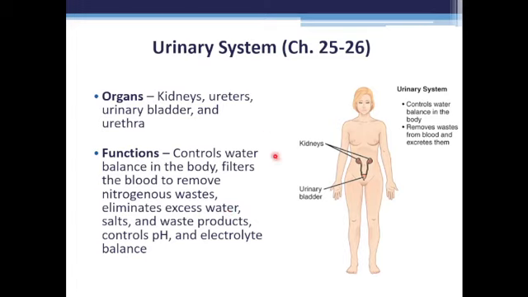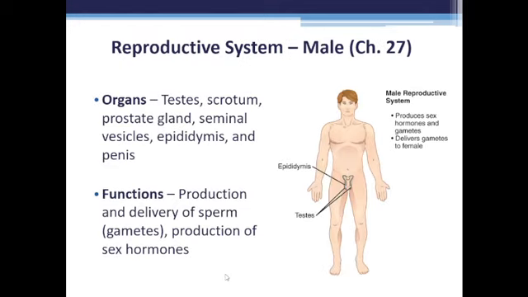Okay, so next is the reproductive system for male, chapter 27. The reproductive system is kind of different for male and female. These are like the private parts of our body. The basic organs are the testes, scrotum, prostate gland, seminal vesicles, epididymis, and penis.